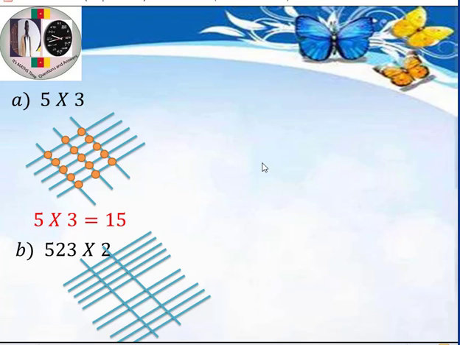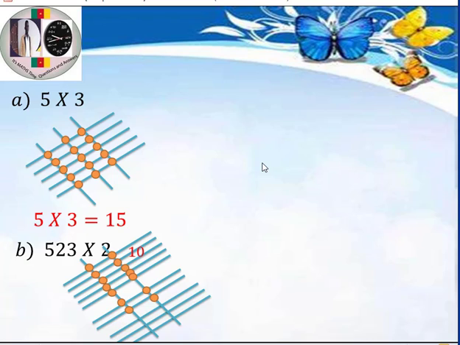So let's count from the 5. We are going to have 1, 2, 3, 4, 5, 6, 7, 8, 9, 10. So that gives us 10 at that point of intersection. Let's go to the next point. 1, 2, 3, 4.